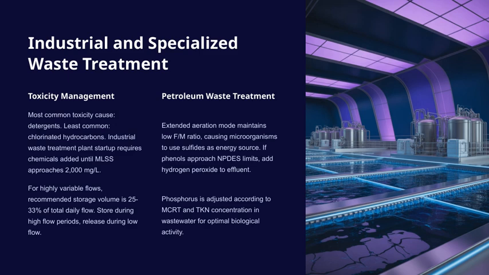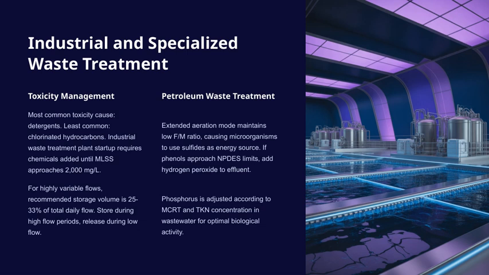This encourages microorganisms to use sulfides as an energy source, which is beneficial for reducing odors and toxicity. If phenol levels in the effluent get close to NPDES limits, we can add hydrogen peroxide to help break down these compounds effectively. Lastly, phosphorus dosing is adjusted based on the mean cell residence time, or MCRT, and the concentration of total Kjeldahl nitrogen, or TKN, in the wastewater.